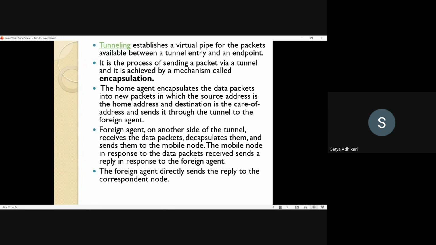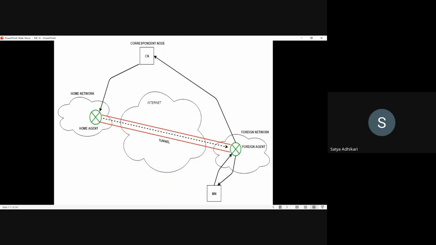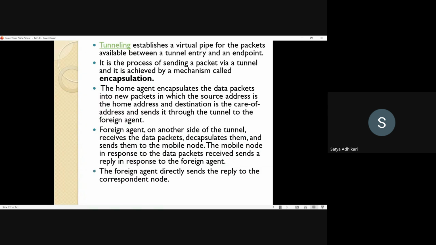The mobile node, in response to the data packet received, sends a reply.